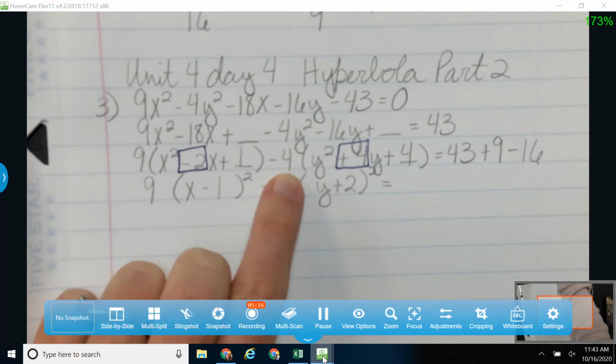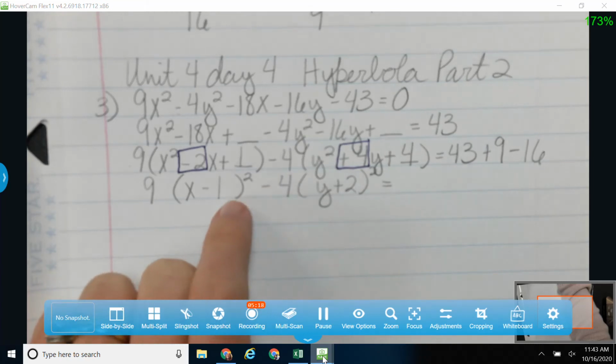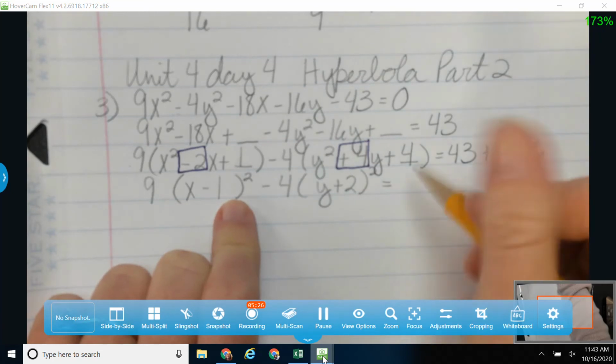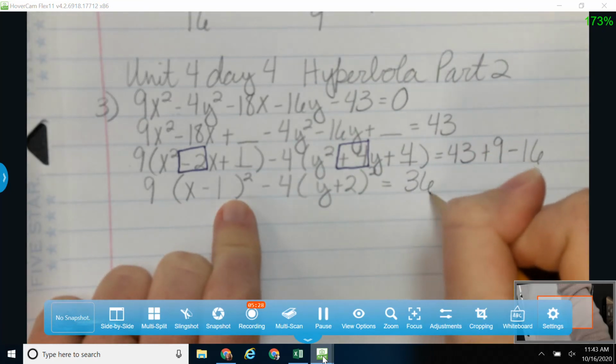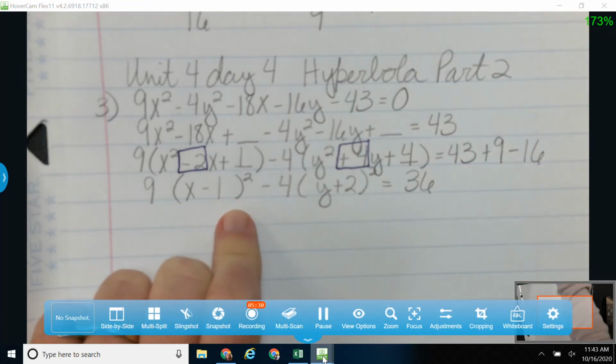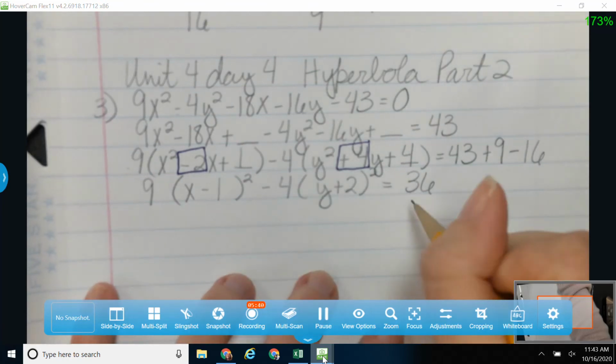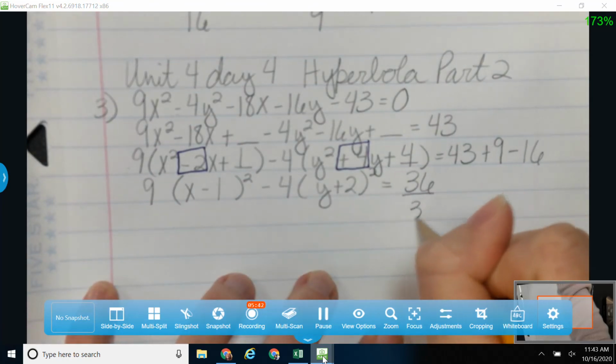With a hyperbola, the first number with x, you'll add over, but the second number you'll subtract over. And if you add all of that together, you end up with 36. What's my hyperbola formula equal to? 1. Good. So to get 1, I need to divide by the 36.